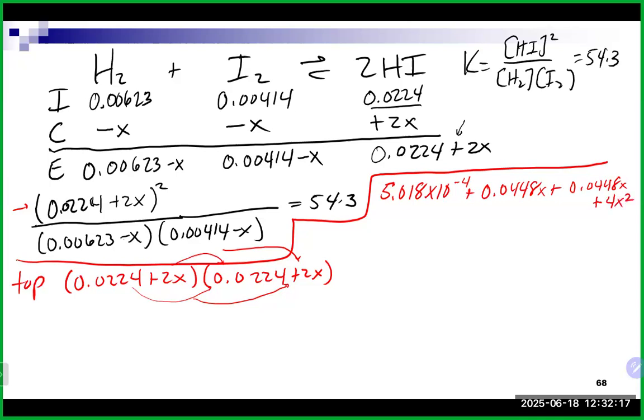Cleaning it up here, that's going to get us 4x squared plus 0.0448 plus 0.0448, which gets us 0.0896, I believe, x, and 5.018 times 10 to the minus 4. Any questions so far? So that should be what really goes up there on top.